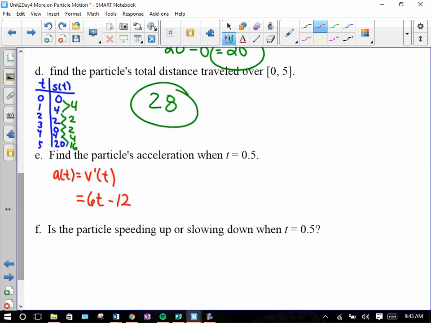We want to know what the acceleration is when t is equal to 0.5. So you plug that in: 6 times 1/2 is 3, 3 minus 12 is negative 9. The units are distance per time squared.